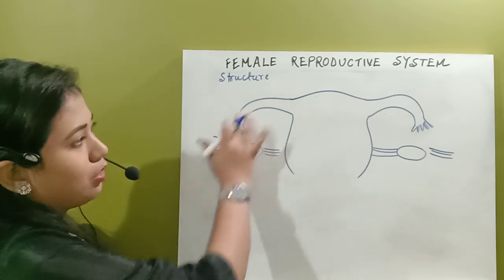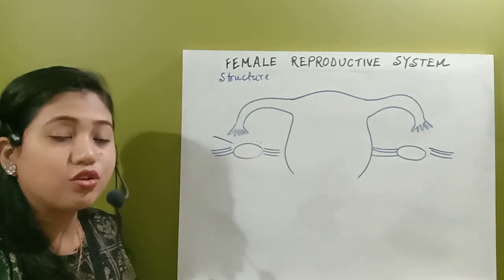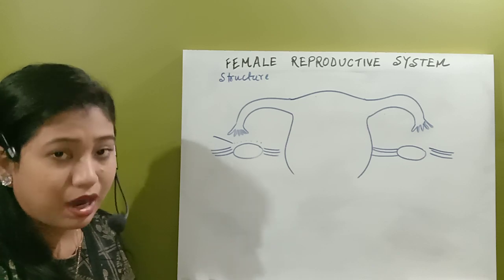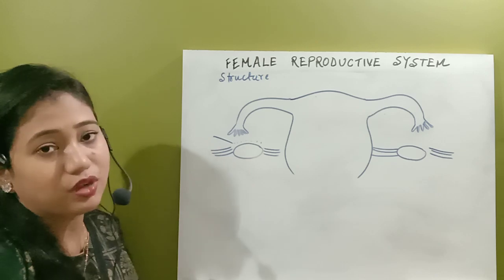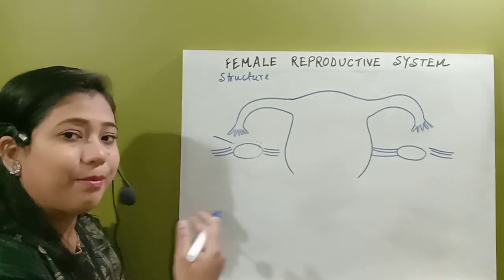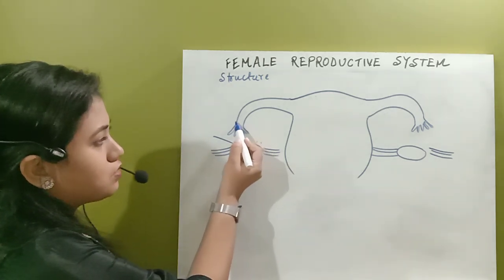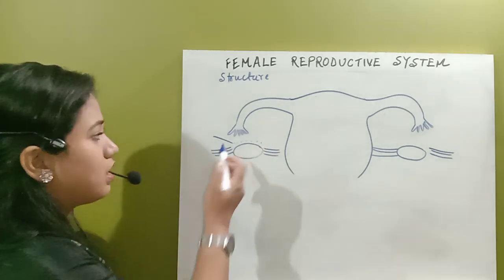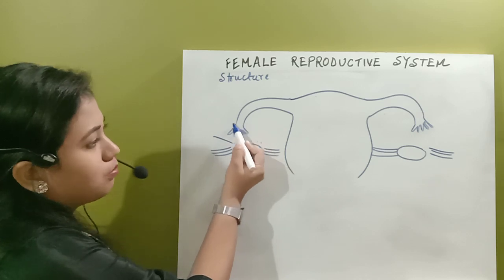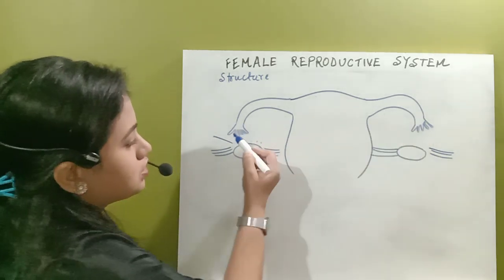Now just see the fallopian tube. This fallopian tube also includes a number of parts. What are they? First of all, these finger-like projections are known as fimbriae. Just above the fimbriae we have a very small narrow tube-like structure. Actually it is a hollow structure. This is known as the infundibulum.